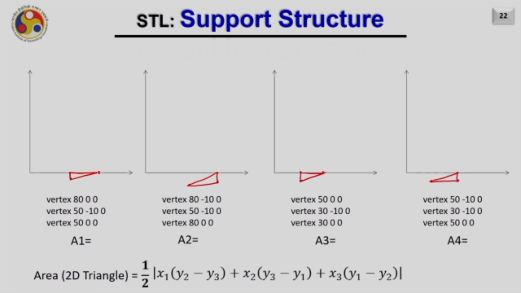You can easily find out the area of these triangles by using this formula, or you can directly find it by using half of base into height, because it is easy for these triangles to find by using this formula also. Once you get it for each triangle, you can add the area of each and every triangle, and hence you will have the total projected area on the base.